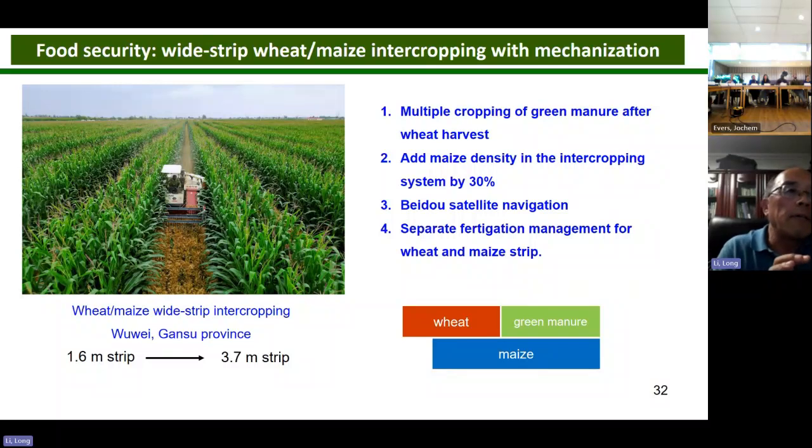But nowadays we want to use about 2 meters of wheat and 2 meters of maize, about 4 meters. Like this, we have wheat earlier, maize with a longer growing season, and green manure after wheat.